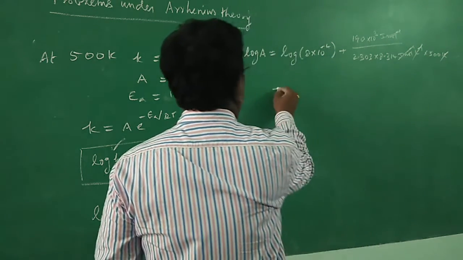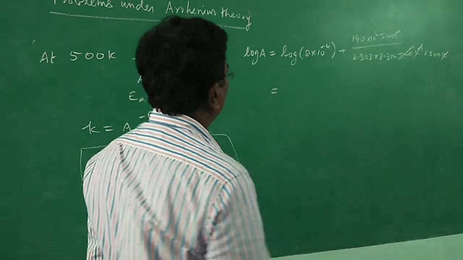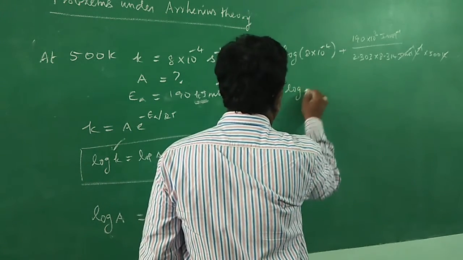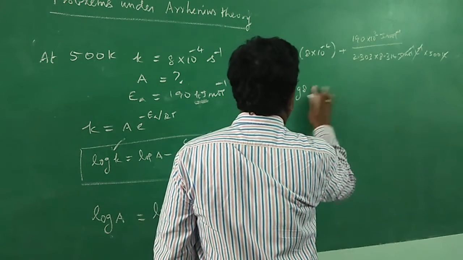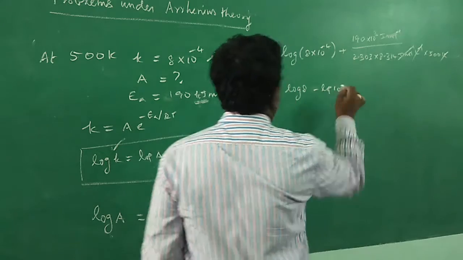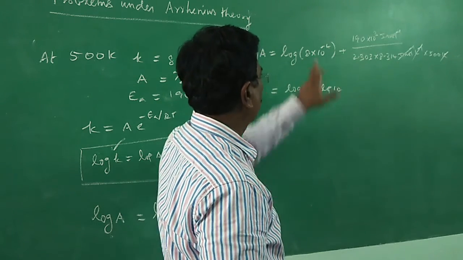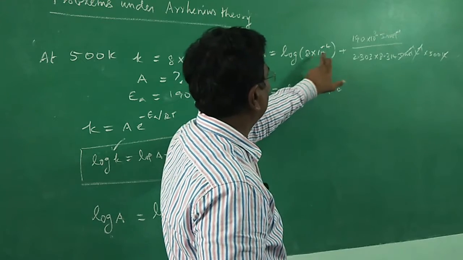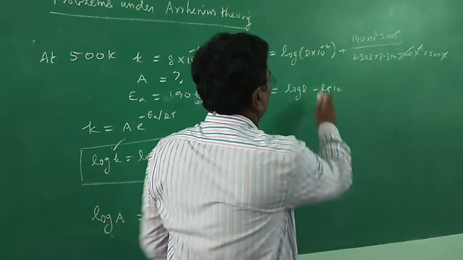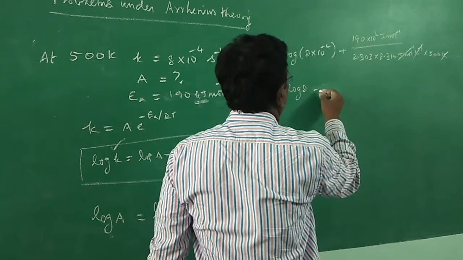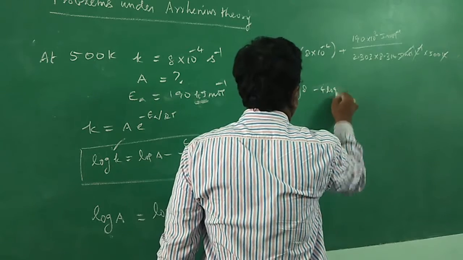Which is equal to log 8 plus minus 4 log 10. Am I correct? Log A into B is equal to log A plus log B. Log 8 plus log 10 power minus 4. When minus 4 comes to the front, you will be getting minus 4 log 10.